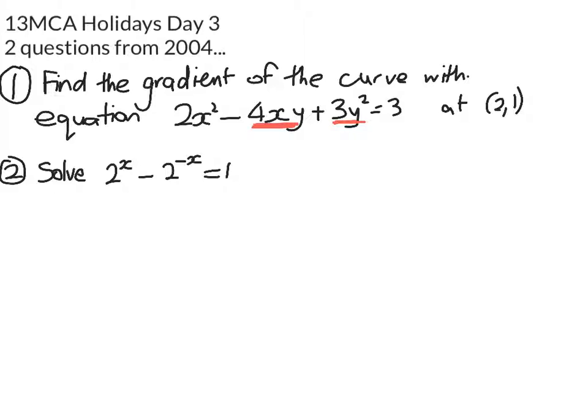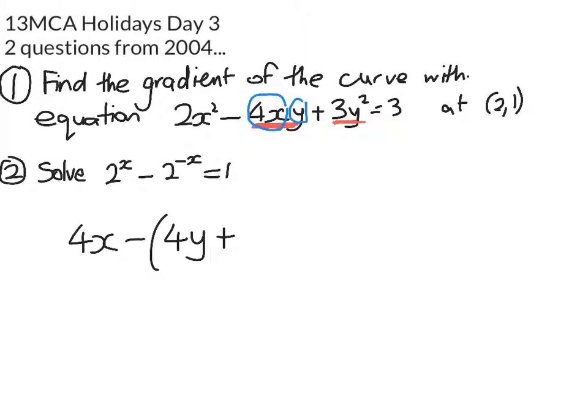So starting differentiating term by term, we get 4x coming from the 2x squared minus, now I'm going to go slowly through here, so we're going to differentiate this and leave this using the product rule, giving me 4 times y, and now we'll switch it.